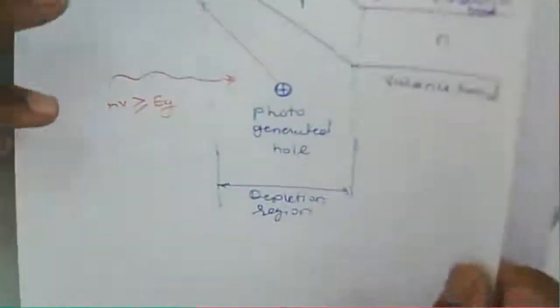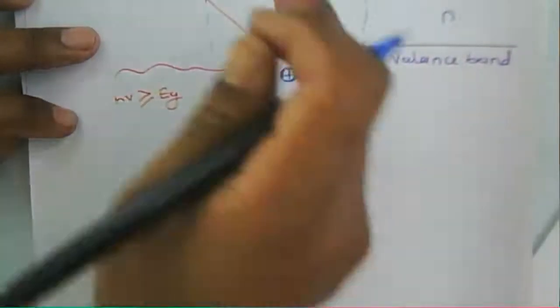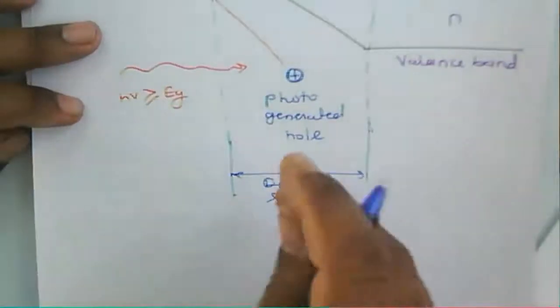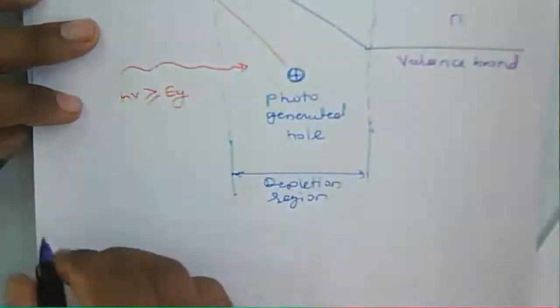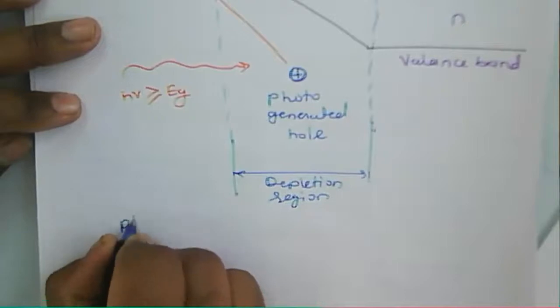Because that electron and hole pair are moving, a current will flow through it, and that current is called a photocurrent.